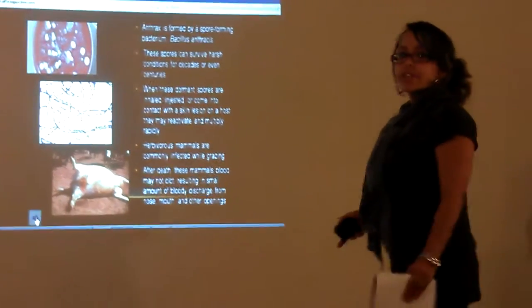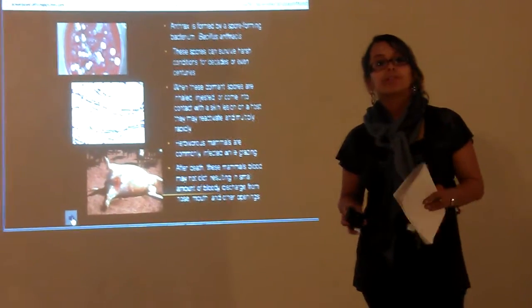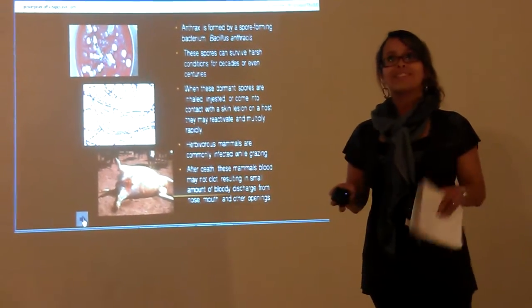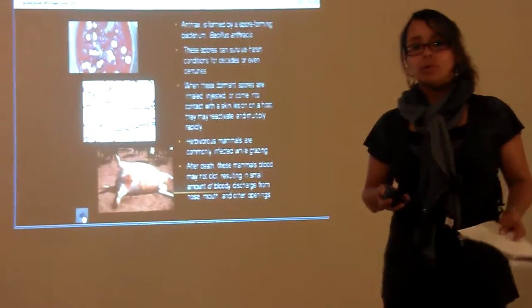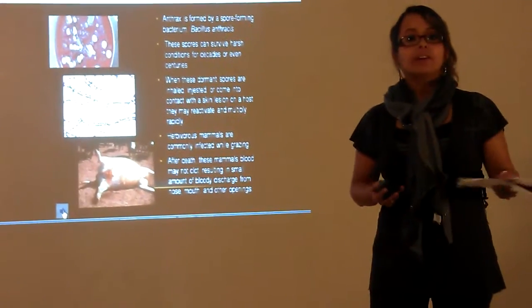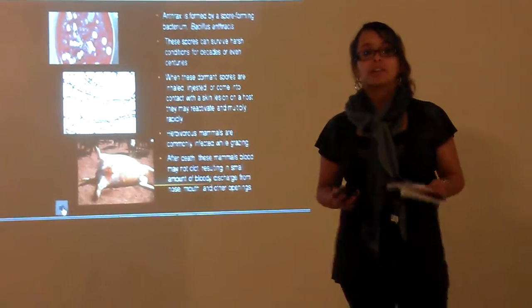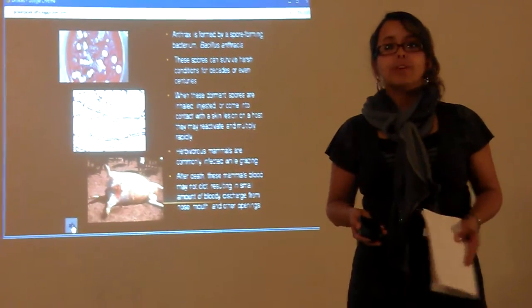Anthrax is a bacteria that forms spores. Those spores are the culprits, and they live in the soil. They can live in harsh conditions, from decades up to centuries, and animals grazing will eat the soil.